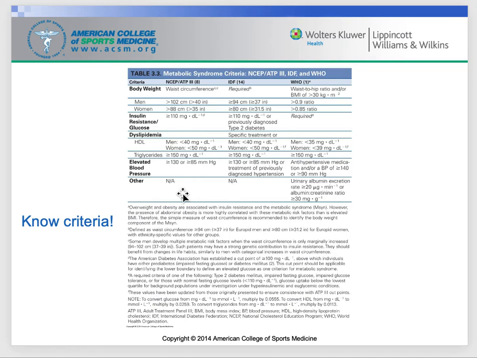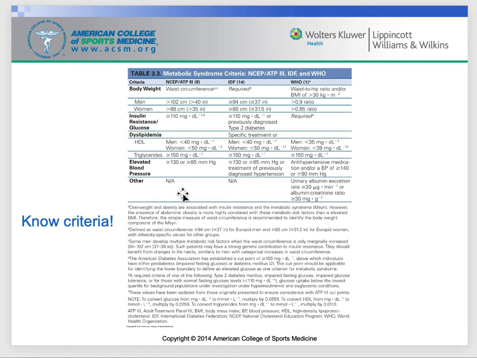Another one is insulin resistance. So a fasting glucose, a blood value, above 110. Let me pause. To be diagnosed with diabetes, way earlier on my slide, a fasting glucose of 100 is what we're screening for.